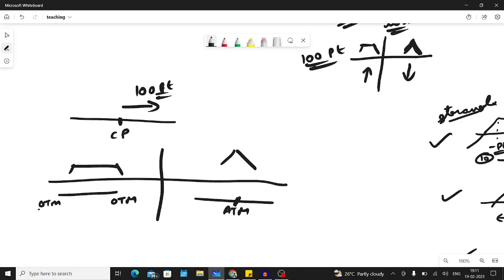So the put option will have a particular option Greeks and the call option will have a particular option Greeks. But when there is a 100-point move, this put option will give us a profit, whereas this call option will give us a loss. But the profit in this will be very less compared to the loss in this call option.